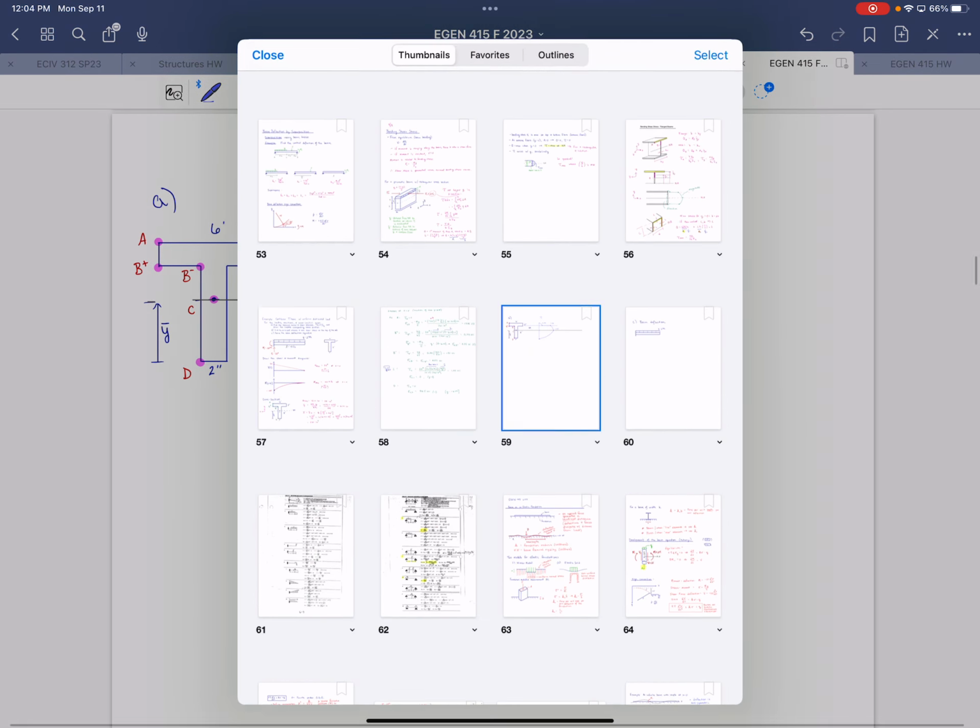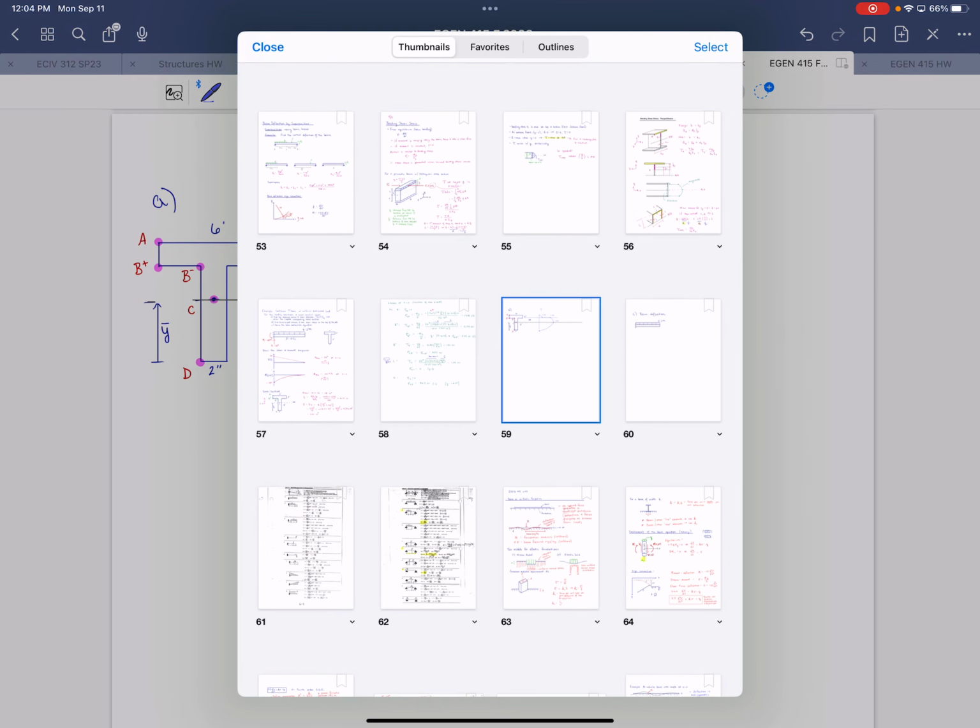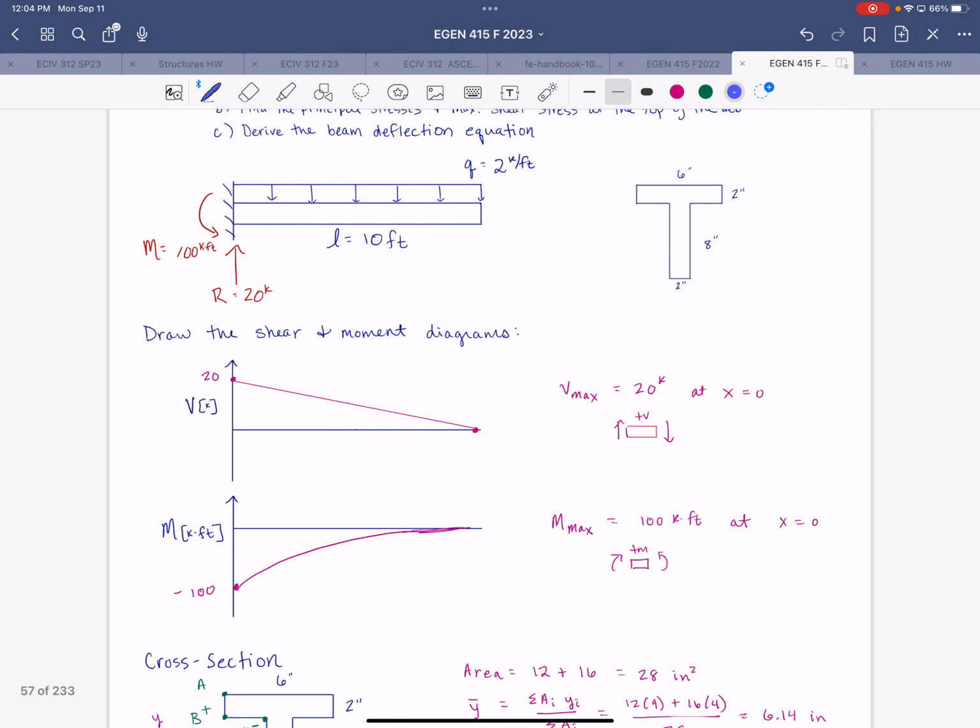Let's go back to the first page of the problem. Think about the loading, shear diagram. What can we tell from that? Positive shear. We have positive shear, exactly, so that's the right start. And what does the positive shear tell us about direction?